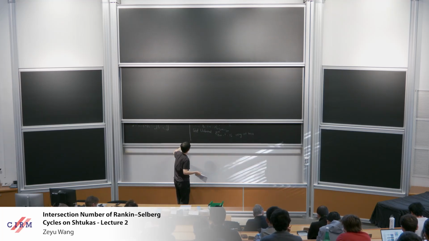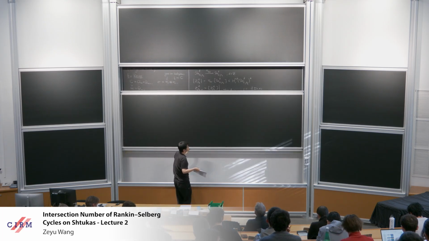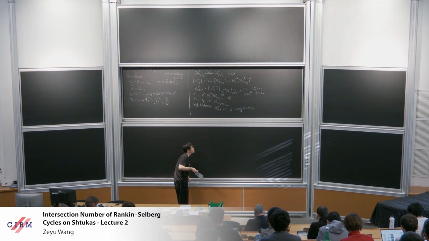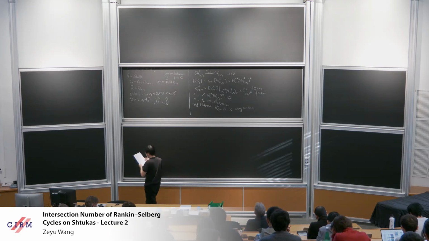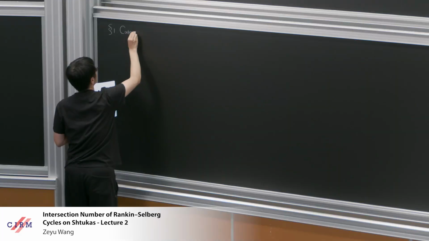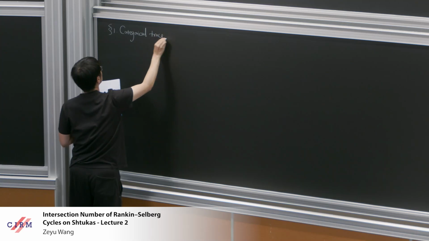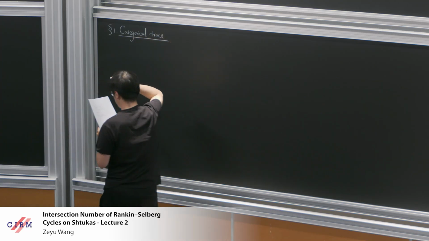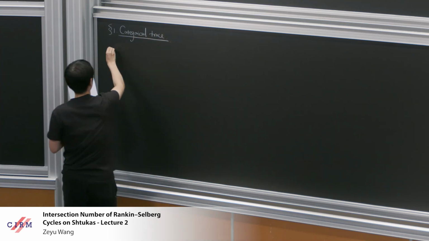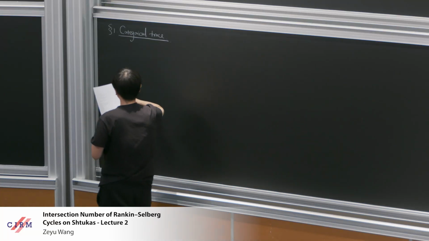Okay, so now I can start to say something about the categorical trace. Okay, so what's the setup?